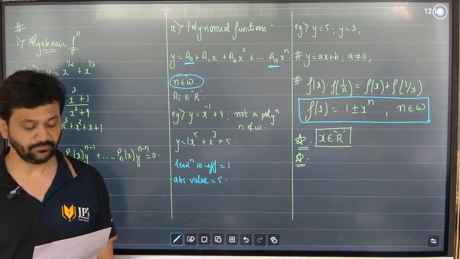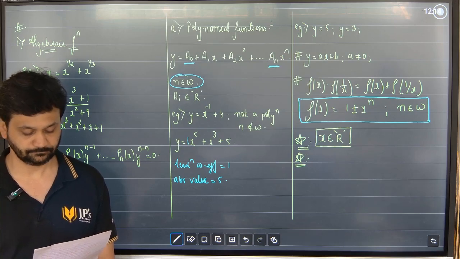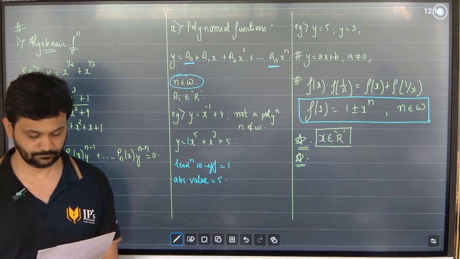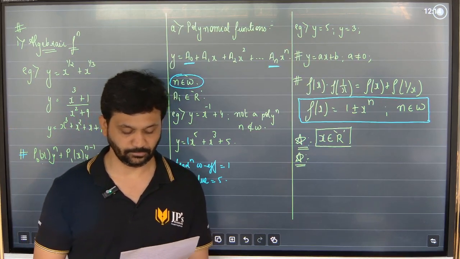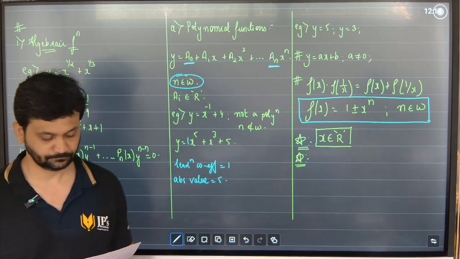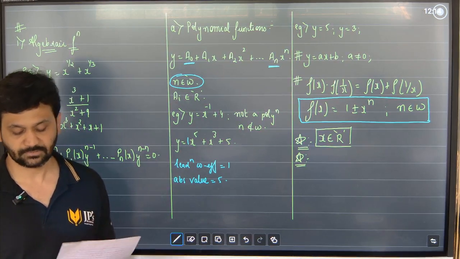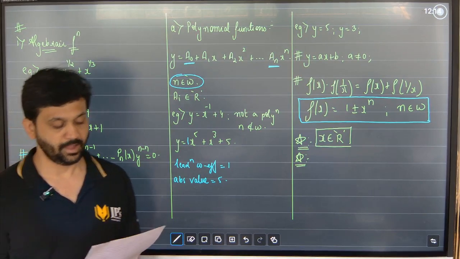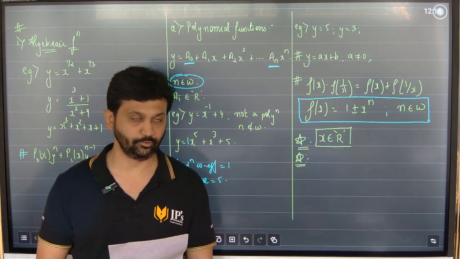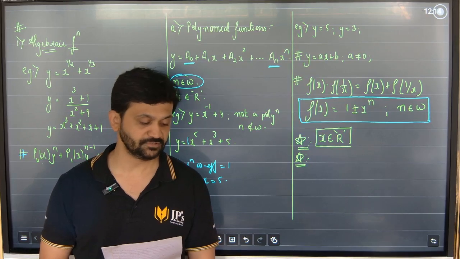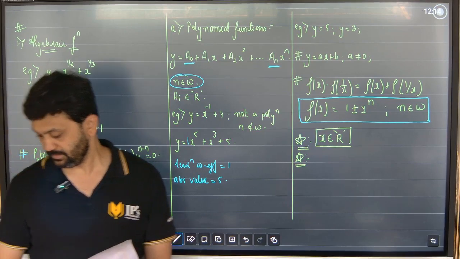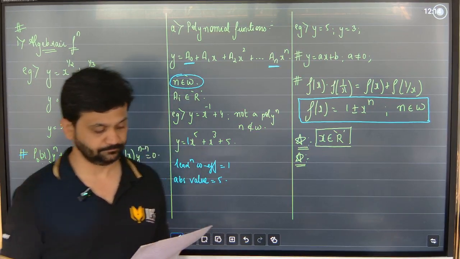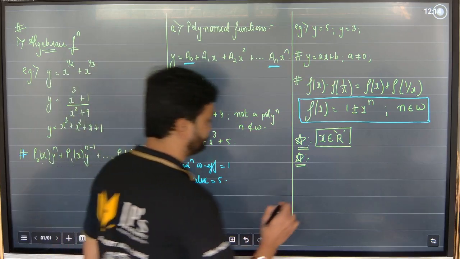And in case of even degree polynomial, the range is not all real numbers. Example.